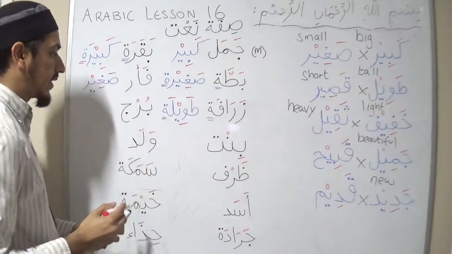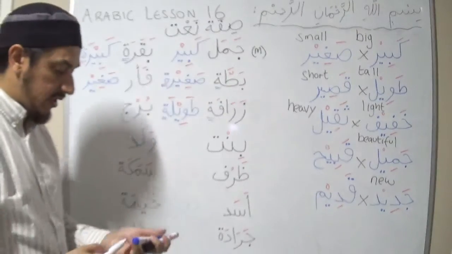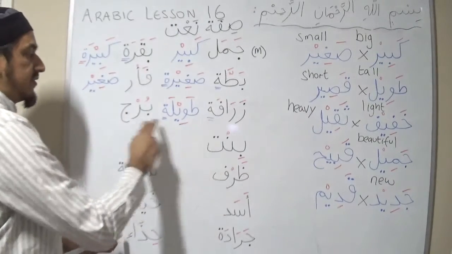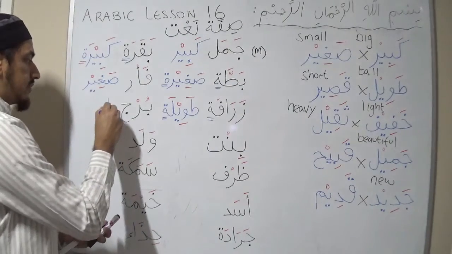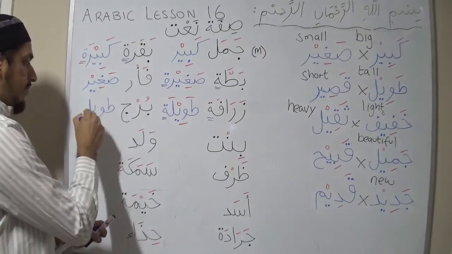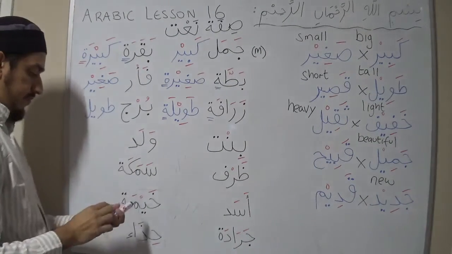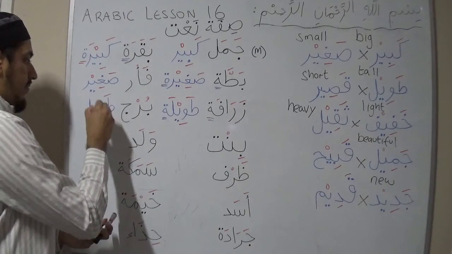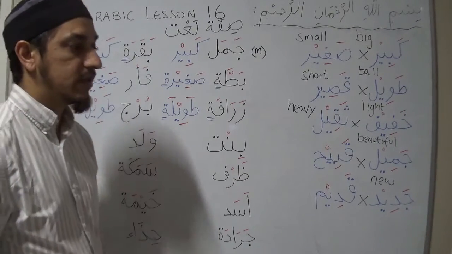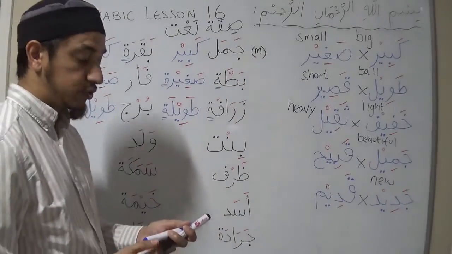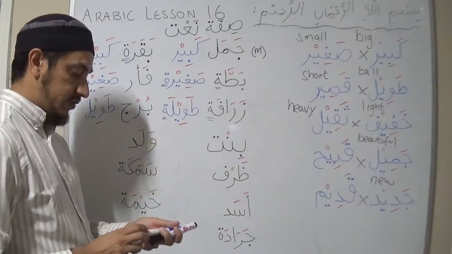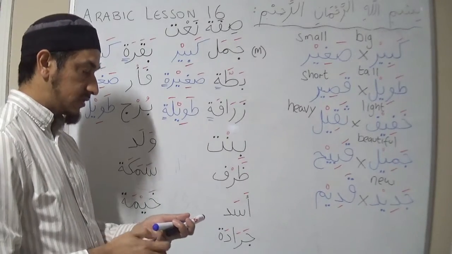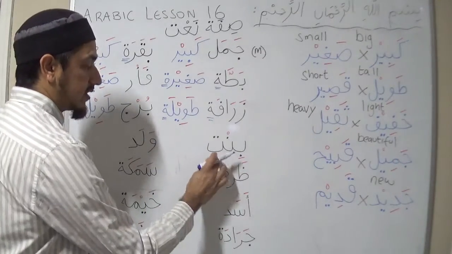طويلة, and burj. Burj is another tall thing. A tall giraffe, a tall building. So a tall building, we're going to say طويل. For bint, we have قصير, short. So that's a new word. But because it's a feminine thing, we're going to say قصيرة.